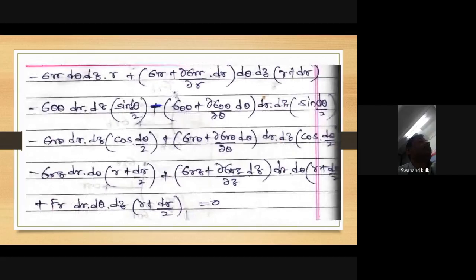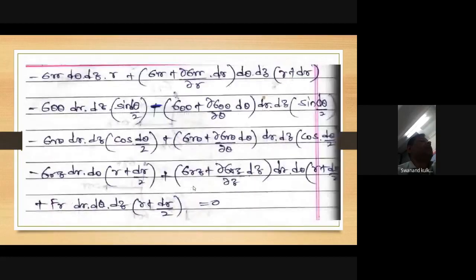But before that, you should see that these 8 components of the stresses are taken into consideration from this reference figure, and in addition to that, one more component is considered here: plus FR dr d theta dz into bracket r plus dr by 2.